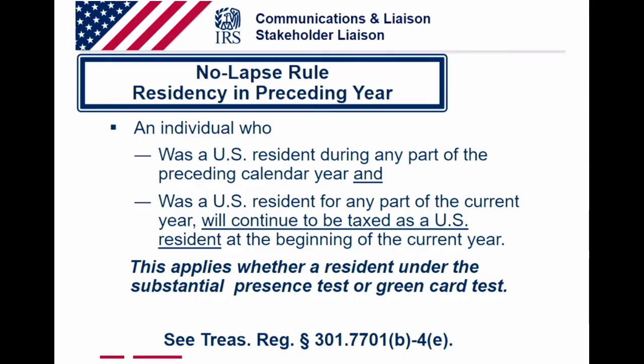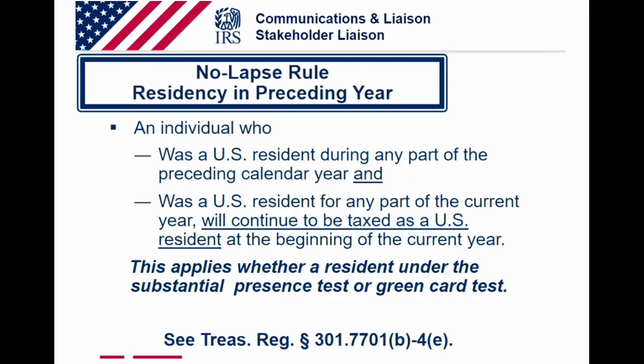All right, so this rule applies to an individual who is a U.S. resident during any part of 2 tax years in a row. So this usually applies to situations where an individual terminates their residency in 1 year, but then comes back and becomes a U.S. resident again in the next year.